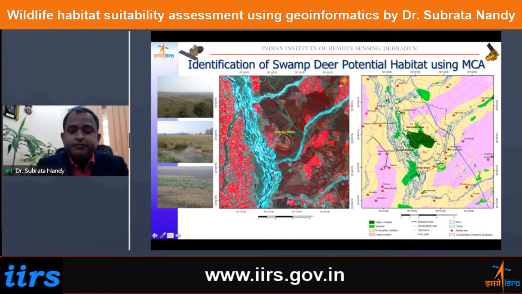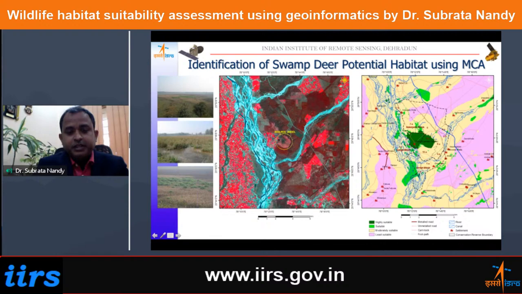Now, sorry, coming to this. Here you can see this is Jilmil Conservation Reserve. Even in our field work during the field visit, we observed that the animals which stay in this area move through these paddy lands, agricultural lands, to the river here.